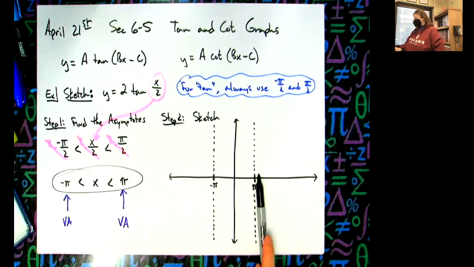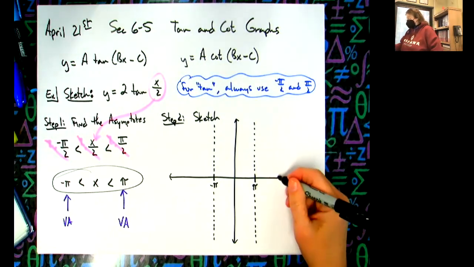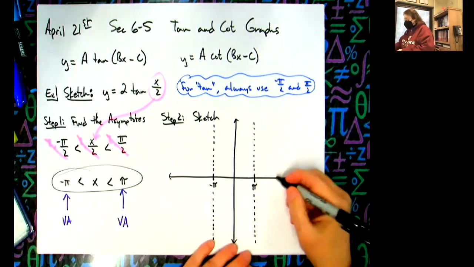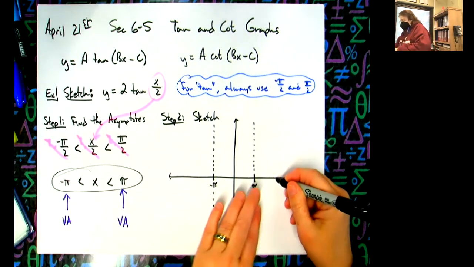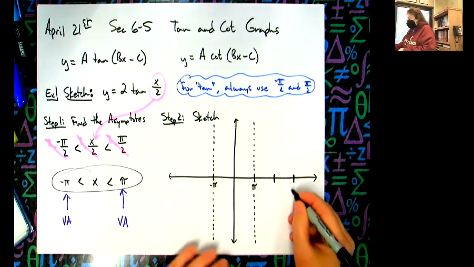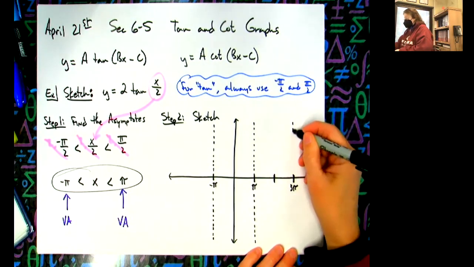So now I've got to go 2 pi more. I'm adding another 2 pi on the end. It's about the same distance here, which would put it at 3 pi. So there's my next one.